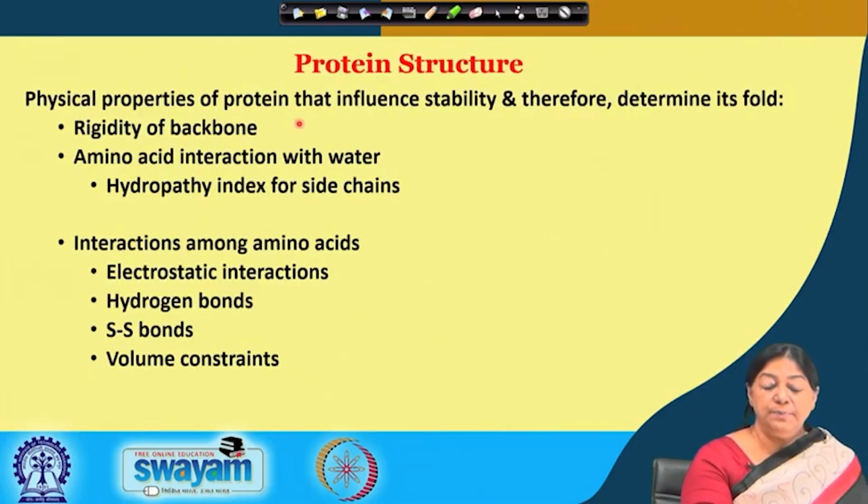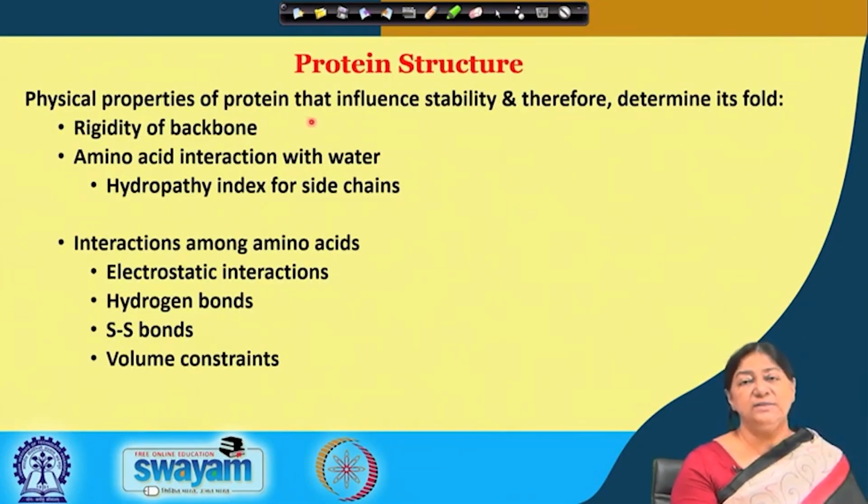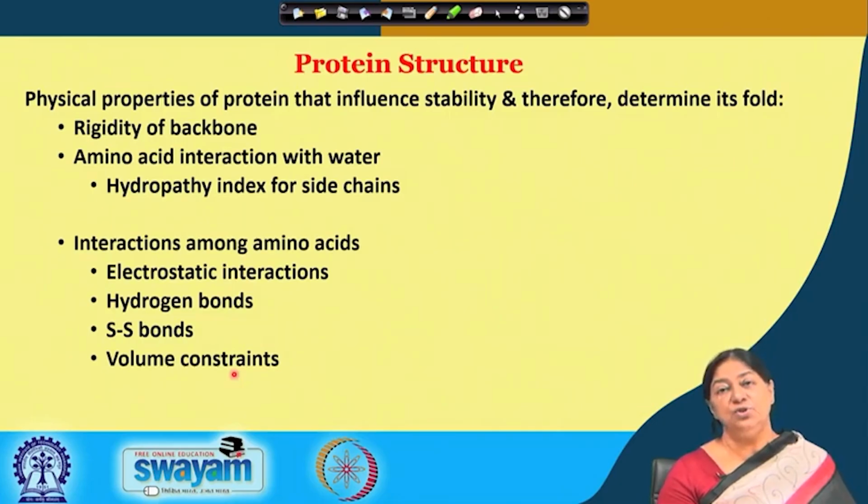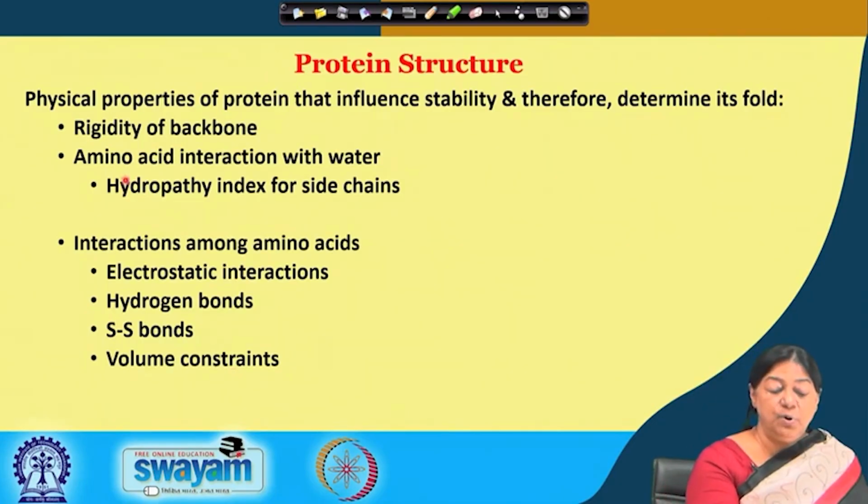So, the physical properties of the protein influence stability, and where does this come from? It comes from the inherent property of the amino acid residues, because the amino acid residues themselves are involved in electrostatic interactions, in hydrogen bonds, in disulfide linkages, and in volume constraints that give a specific characteristic to the geometry of the protein.